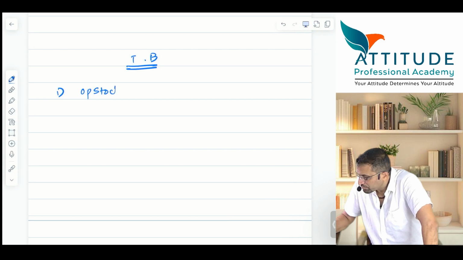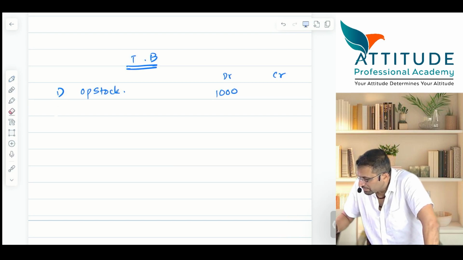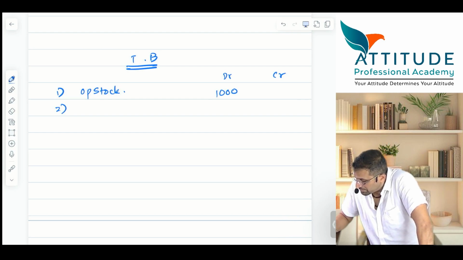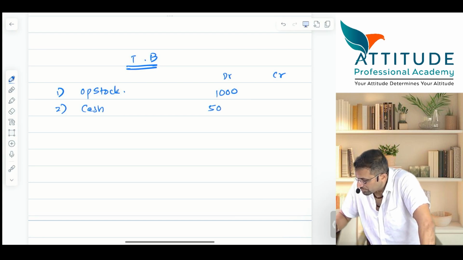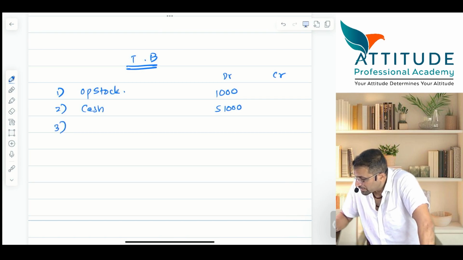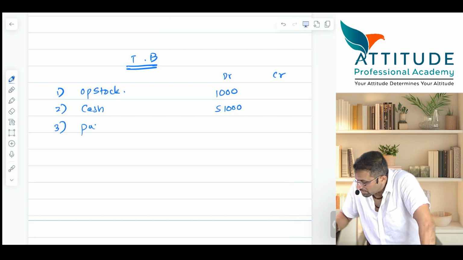Opening stock, debit, credit, same 1000. Cash 50,000, 51,000. Wait, one second. I took it a bit wrong.